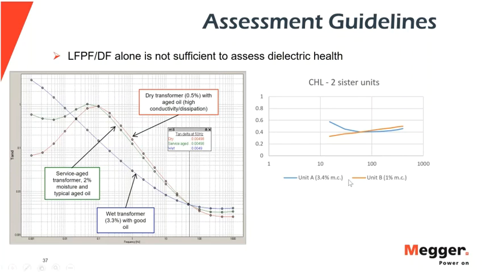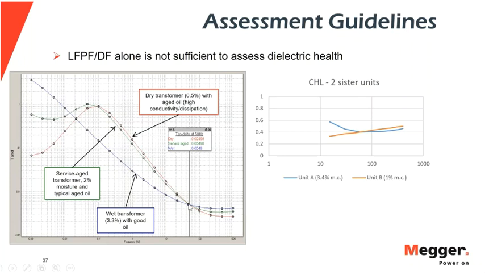So this graph on the left-hand side is a full DFR measurement of 3 transformers, and you can see in this case at 50 hertz, these are some tan delta measurements on transformers with operating temperatures of 50 hertz. You can see that they all have identical line frequency power factor values.